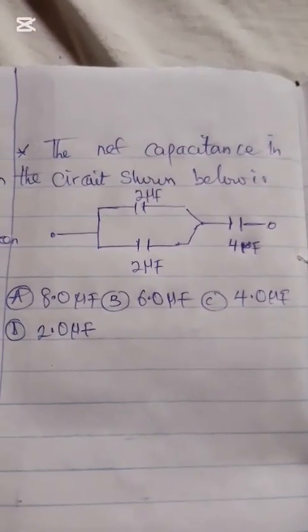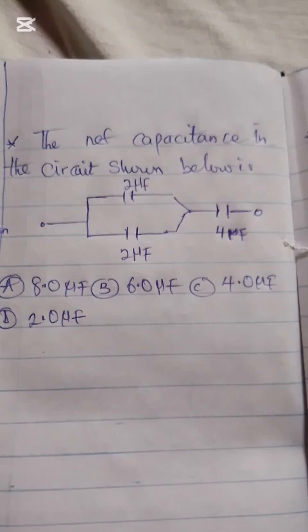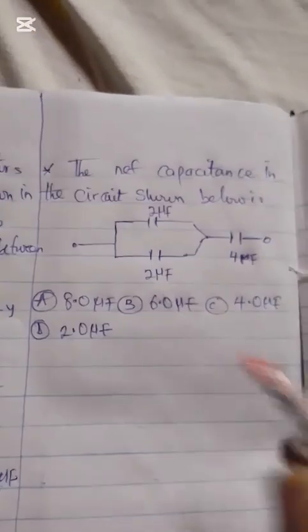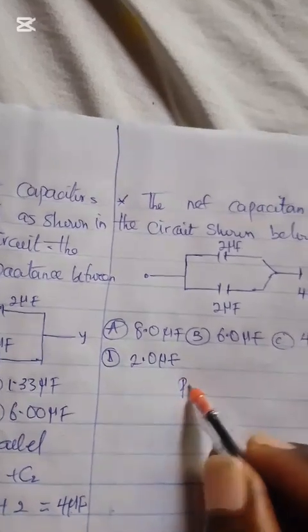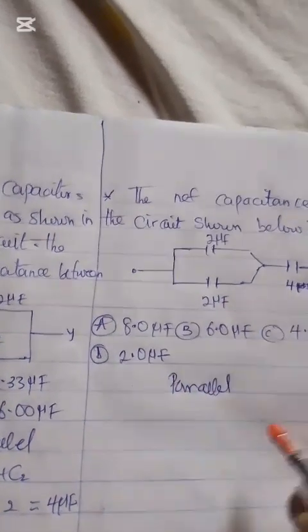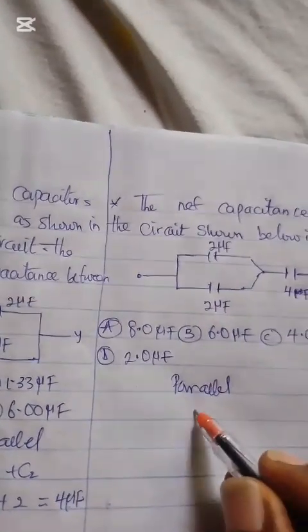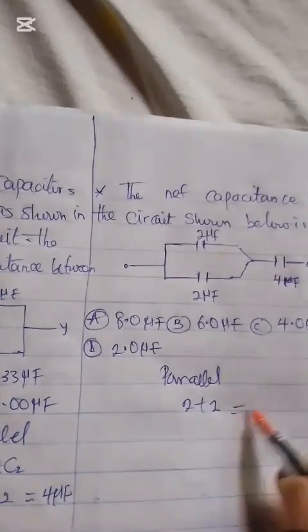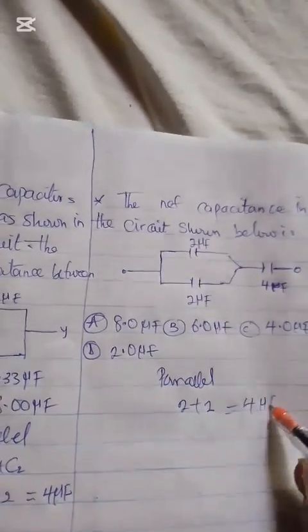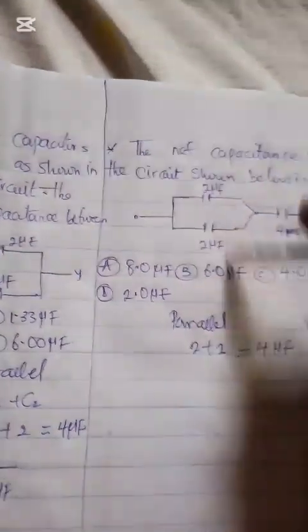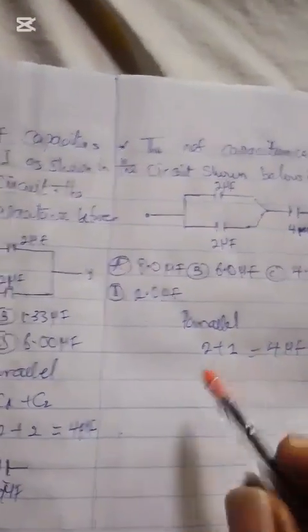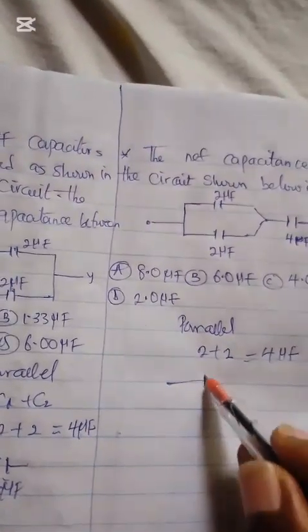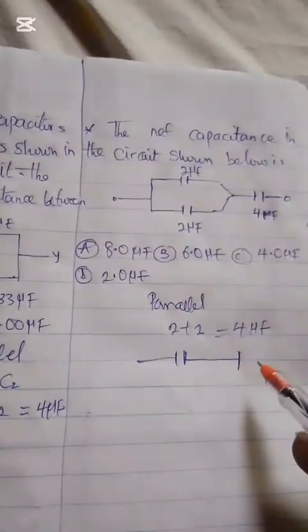The net capacitance in the circuit below is, you can pause the video and see if you can solve this. You look for the parallel first. So for the parallel, we have 2 plus 2, which will equal 4 microfarad. If I redraw the diagram, remember this and this gave me 4 microfarad. So I will now have that 4 microfarad is now in series with this other 4 microfarad.